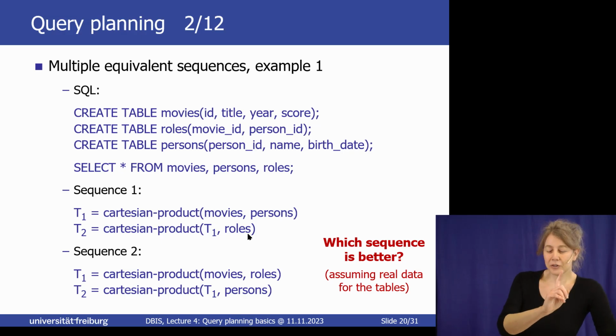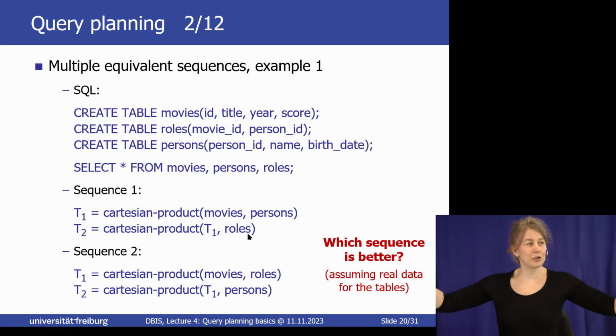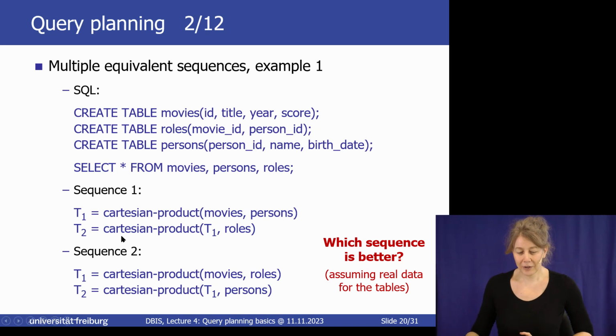That's very interesting. So here was the argument: the end result is the same for both sequences, which is very true. It's always this huge table with all combinations. So what you're basically saying is the second operation here is the same, but the first one is not, right?